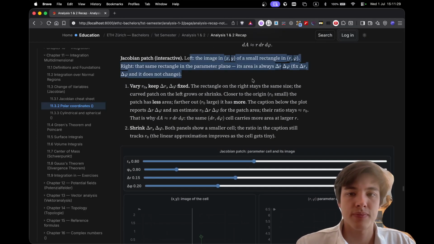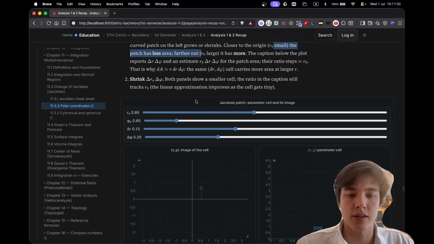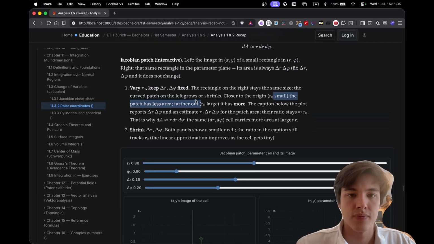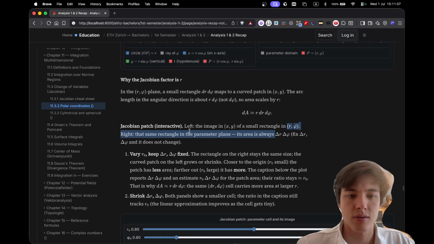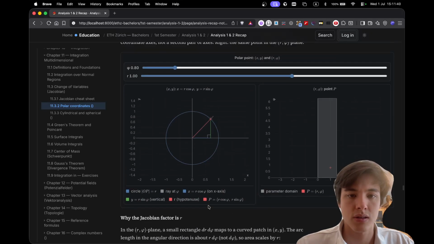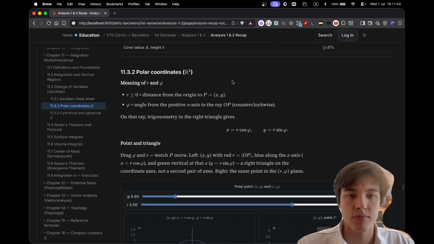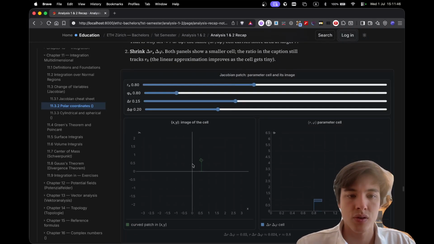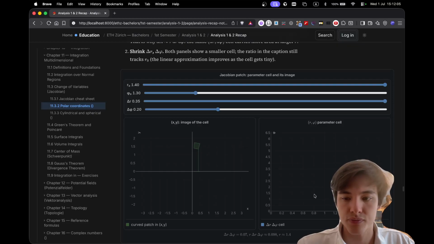Now patch. I think this is nicer here, you can see it. Whatever. So here we see, if we increase r, actually we have to increase dr, so we see the volume scales differently.